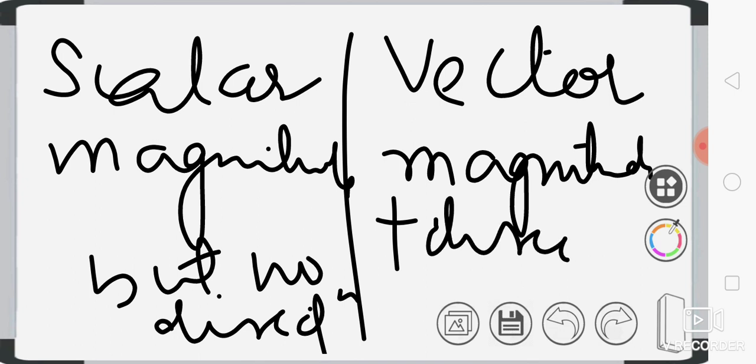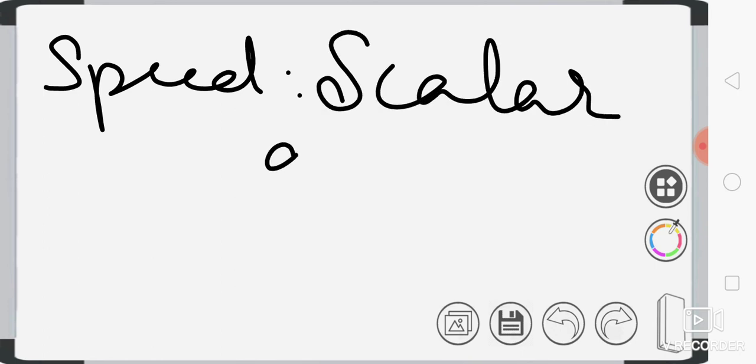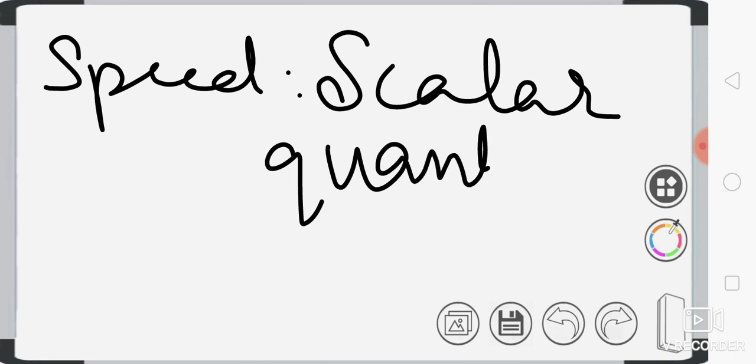So for speed we don't have a specific direction. It has magnitude only and no specified direction. That is why we call it a scalar quantity.